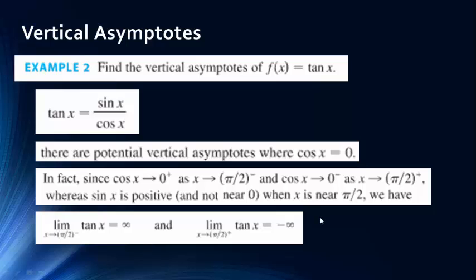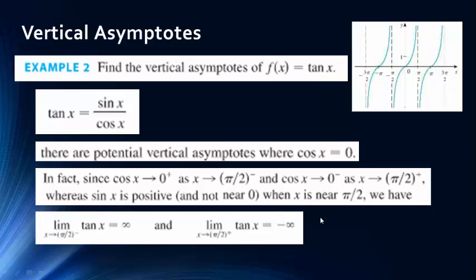So these are our two vertical asymptotes, and remember that all the trig functions are periodic functions, so it's every pi over 2 interval apart. So we get 0, pi over 2, 3 pi over 2, etc. Okay.